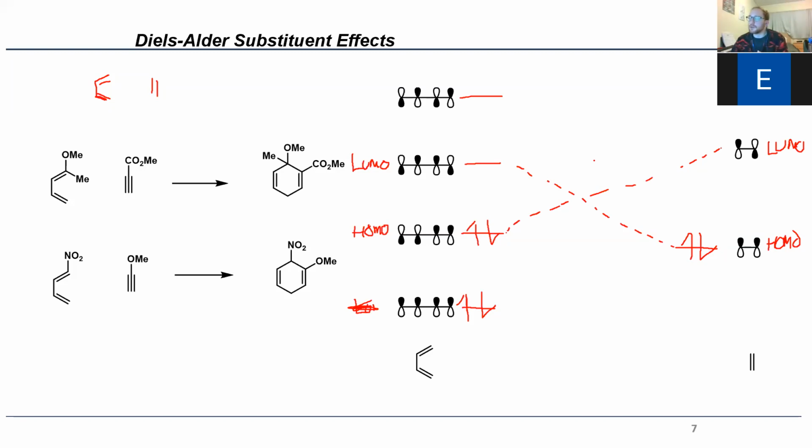And so classically, the way you do this is a recognition that electron donating groups raise the energy of all orbitals, and electron withdrawing groups lower the energy of all orbitals.